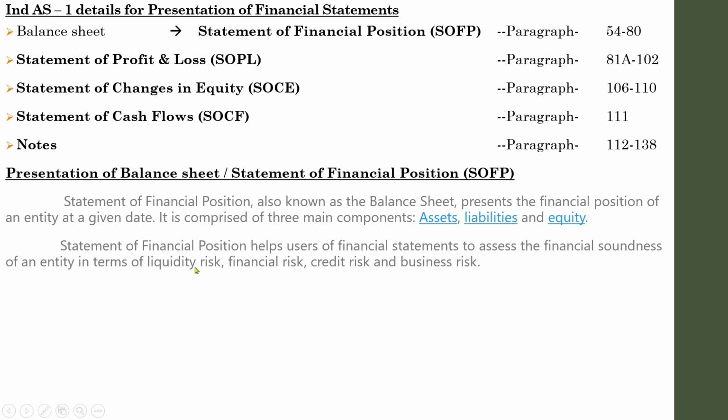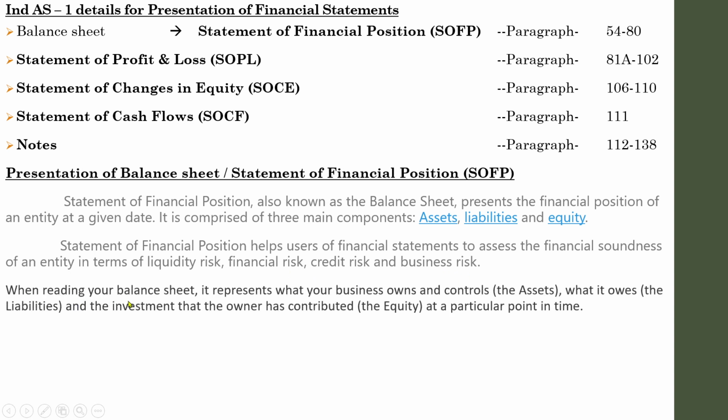What is the liquidity position of the concern? Whether the organization has sufficient cash balance or not. Financial risk, whether they are able to meet their financial obligations. Credit risk, whether they are able to repay the loans. Business risk, it is an inevitable factor in a business. So the statement of financial position provides necessary information regarding these types of risk to the investors.